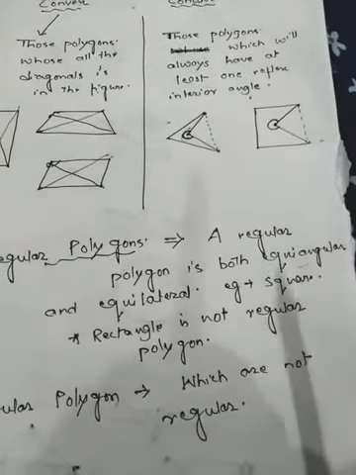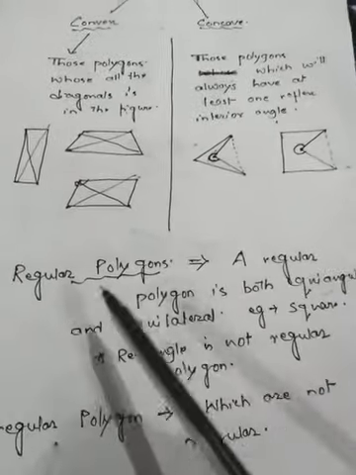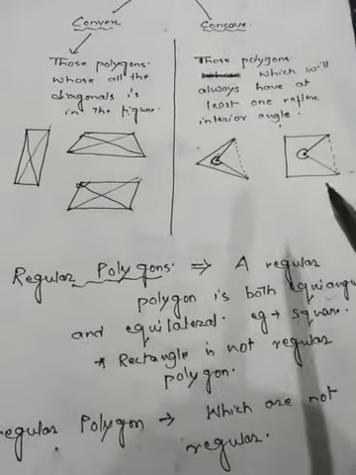The example is a square. But it is not only the square that is a regular polygon; there are other regular polygons also.